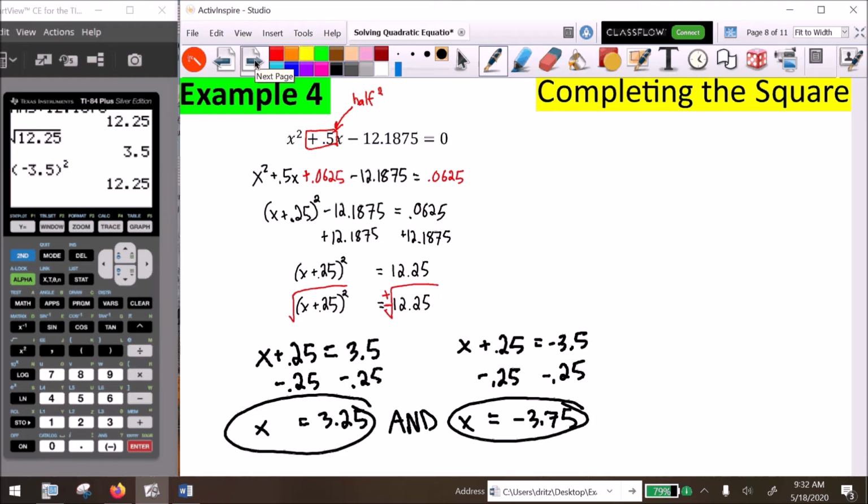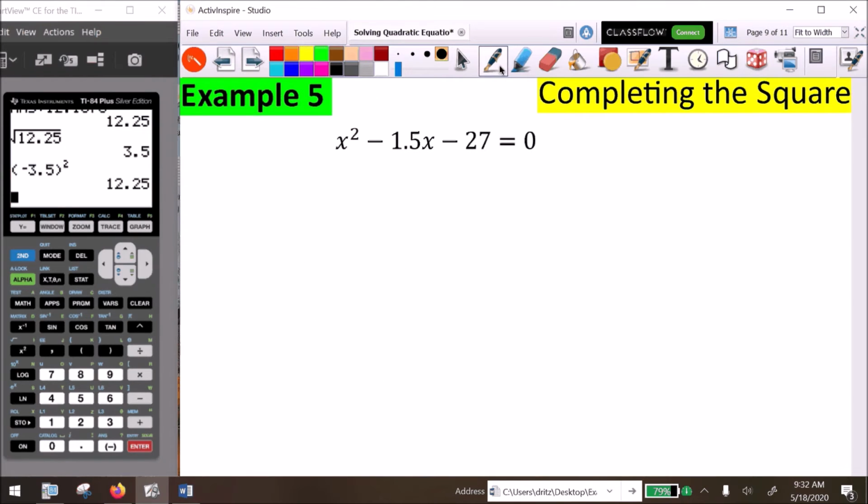Let's do another completing the square. All right, so this one again has decimals in it. We're going to begin by halving the x coefficient, take half of that, and then square it and add it on both sides of the equal sign. So you have x squared minus 1.5x.